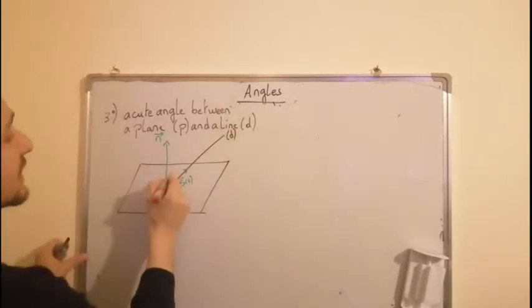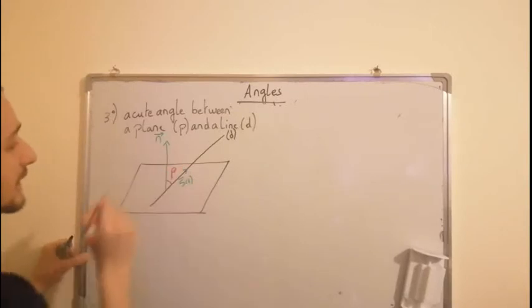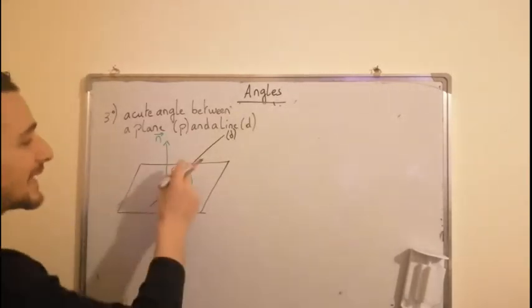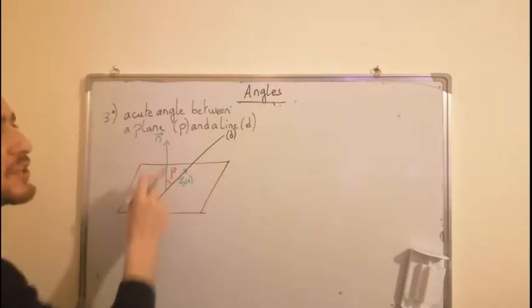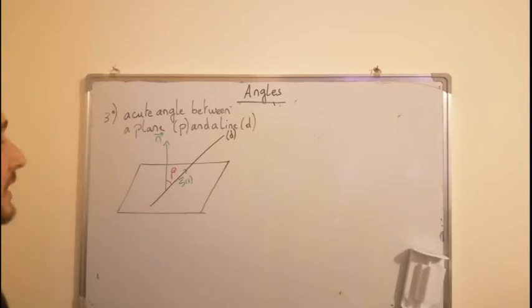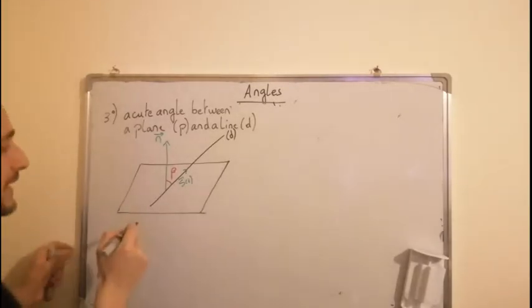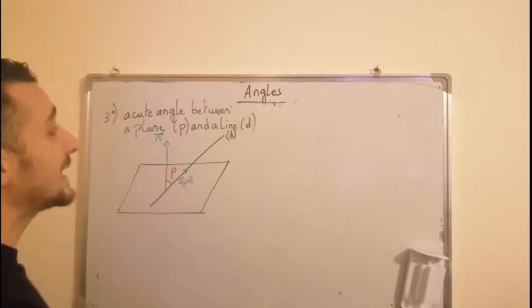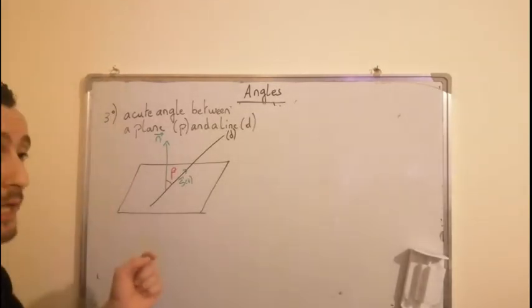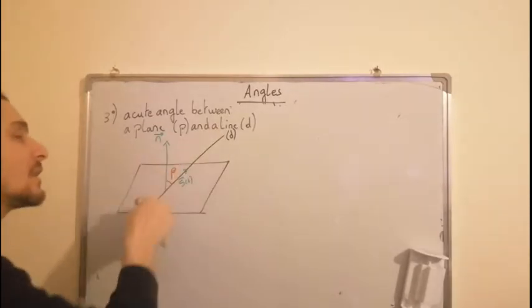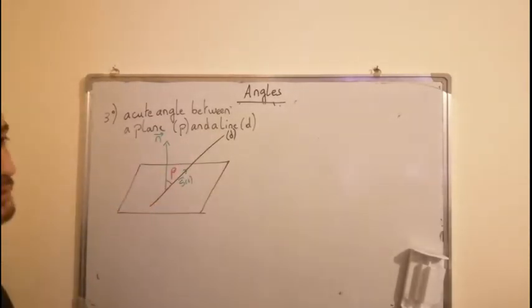No, this angle beta is the angle formed between the directing vector and the normal of the plane. But the angle we want is the angle formed between the straight line and the plane, not between the line and the normal vector of the plane.